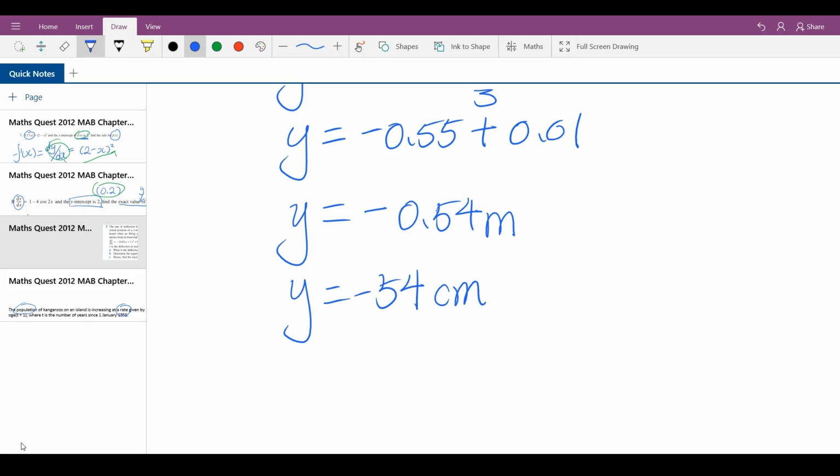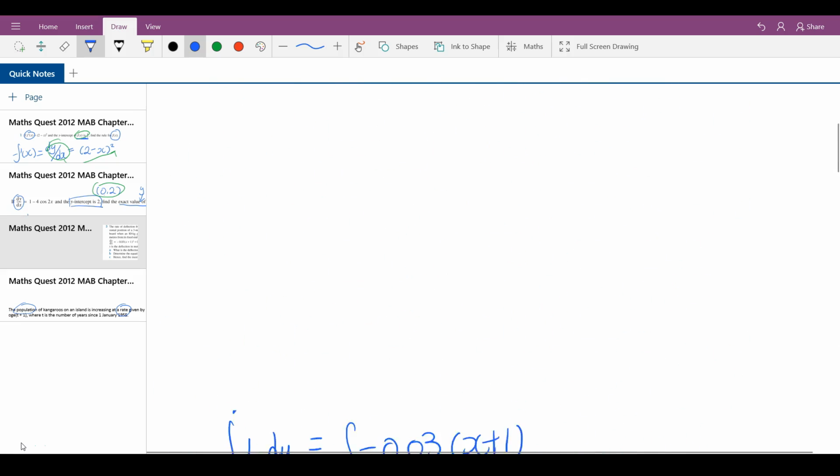I believe that would be the answer in the textbook. So either 0.54 meters or 54 centimeters, both are fine. But you have to put a unit after your answer, okay? Or else it doesn't mean anything. What, 0.54 ducks or 54 chickens? That doesn't work.